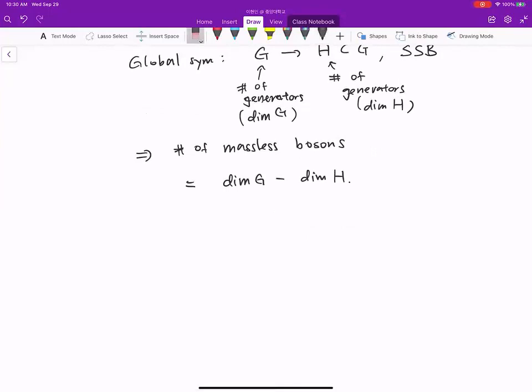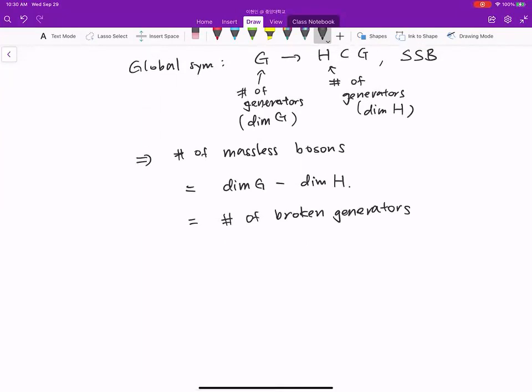They are broken because we are breaking a big group to a small group, and some of the generators in the bigger group do not belong to H. Those are the broken generators.